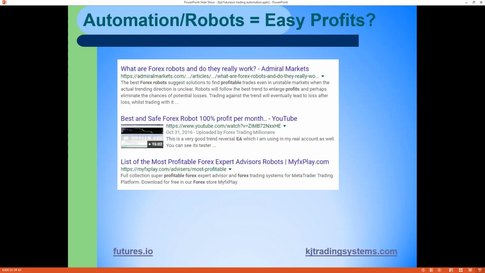Okay, so let's talk about automation or robots. A few years ago, it was all the rage to talk about Forex with all the robots, these expert advisors that people would run in MetaTrader primarily. Is it easy profits?